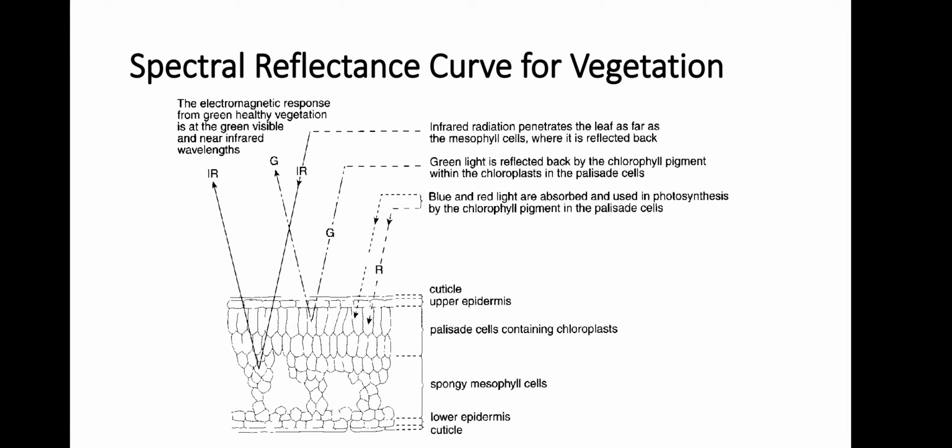Now you can see the peaks are strong. I mean to say the peaks indicate a strong reflection and the valleys indicate a predominant absorption of energy in the corresponding wavelength bands. In general, healthy vegetation is a very good absorber of electromagnetic energy in the visible region.